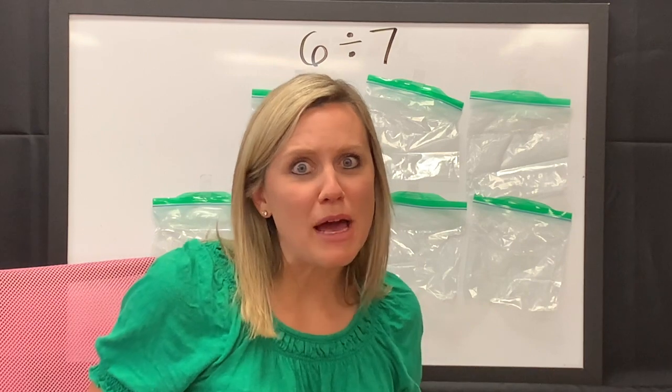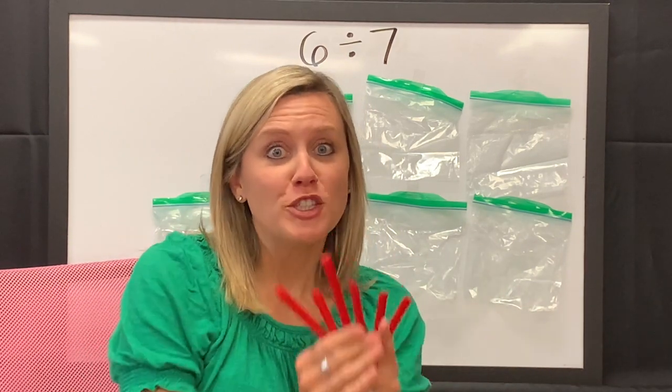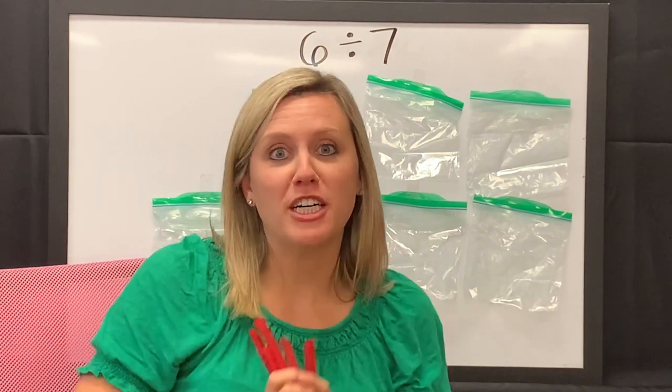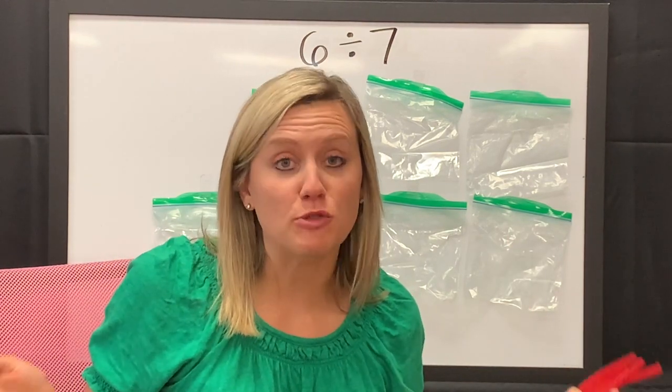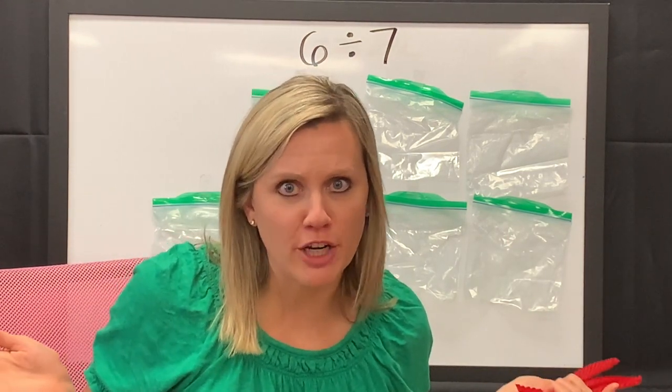Okay, this time I'm going to do 6 divided by 7. So I have 6 pieces of licorice here and I need to divide that evenly between 7 bags. Here I go.